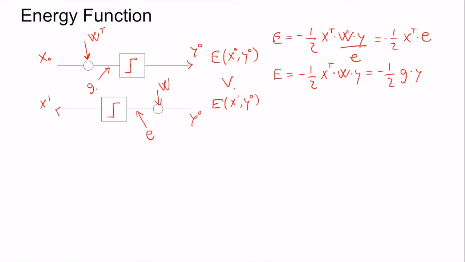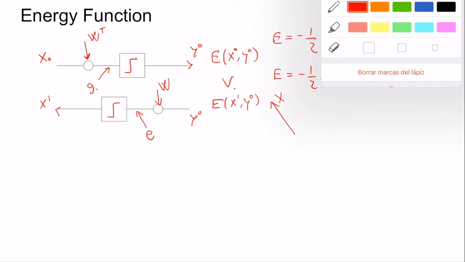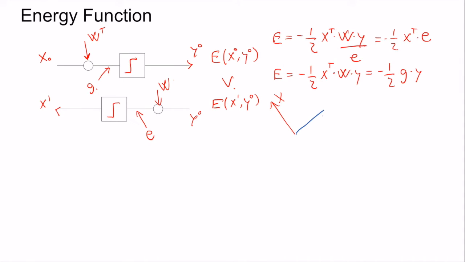Okay, so now I want to check this. If I plot x, this is my vector x, and this is my vector E, then what I mean by decreasing the energy is essentially that this E will move closer and closer to x, E prime closer and closer to x, until it reaches the equilibrium point.